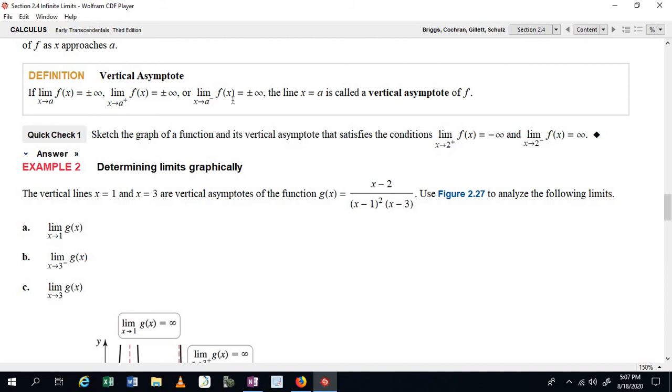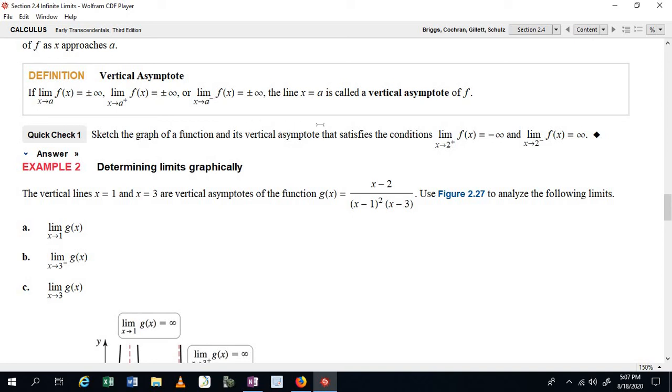Okay, so any one of these three conditions would guarantee us to have a vertical asymptote at x equals a. We just need one of these three to be true. And it's basically you have limits at infinity as x approaches a as a two-sided limit, as a one-sided limit from the right side, or as a one-sided limit from the left side.